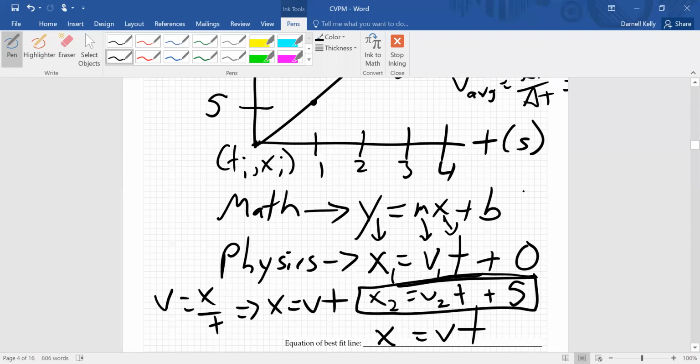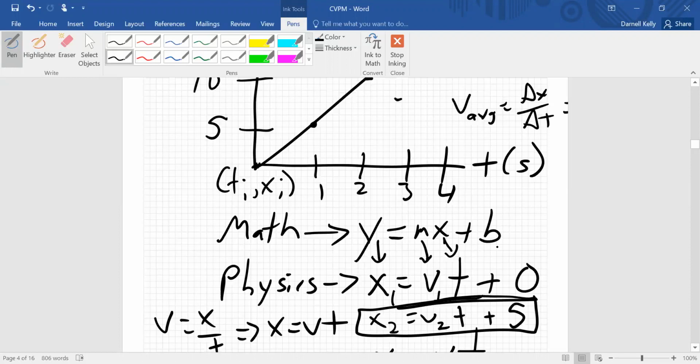And then we translated the math equation, slope-intercept form of a line, equation of a line, into an actual physics equation. We knew that the y-axis, which is the left column, represents our positions, which is represented by the variable x. Slope here represents our velocity.